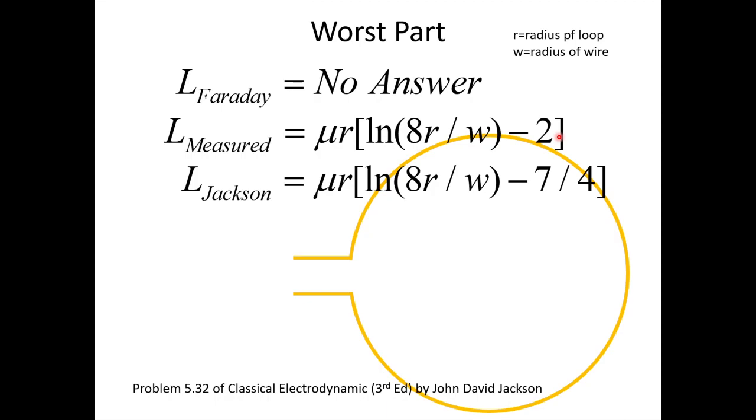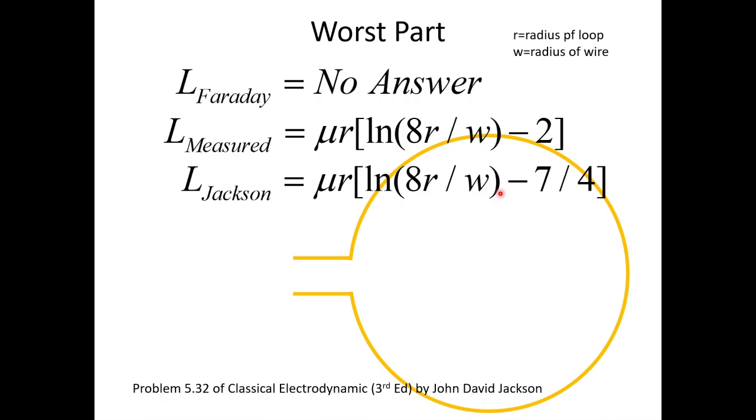Now, to be fair, if you go to my graduate thesis or even the foundation series, I show you that Jackson has an error in his derivation and that you can correct his derivation to get this answer up here. The bigger problem is that this is derived using vector magnetic potentials.